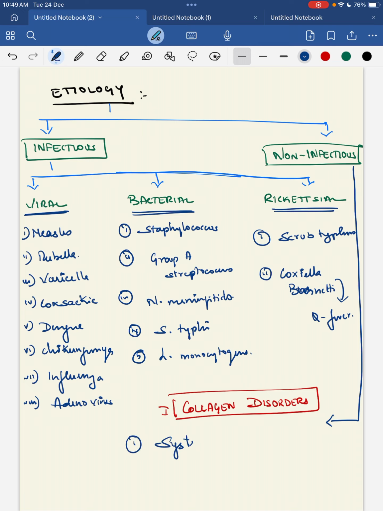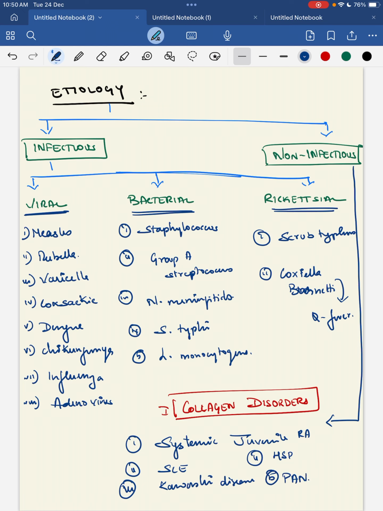Second one will be your SLE. Third, Kawasaki disease. Fourth will be your HSP, Henoch-Schonlein purpura. Next will be polyarteritis nodosa. Sixth will be your Wegener's granulomatosis. These are collagen disorders that can lead to a child with fever and rash.